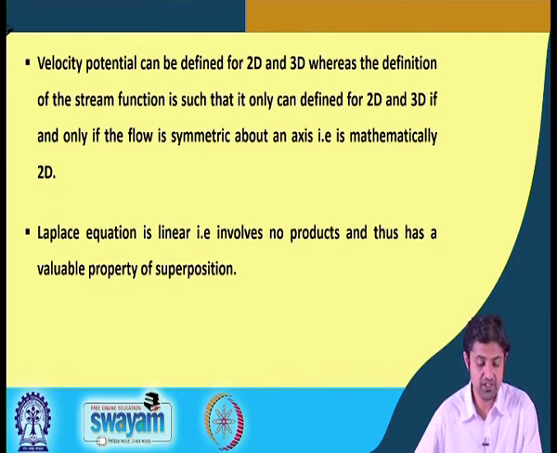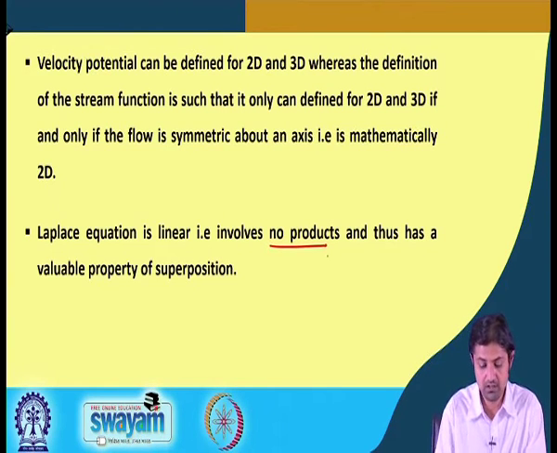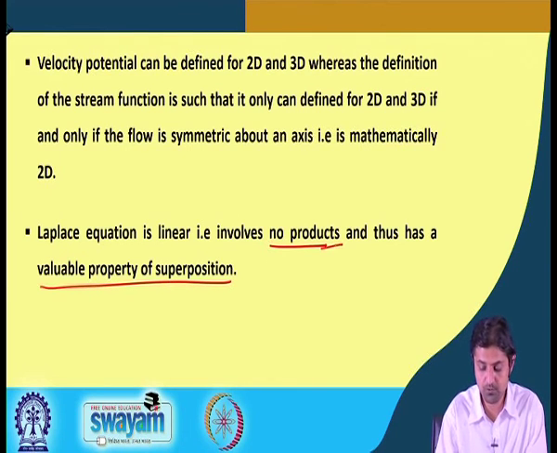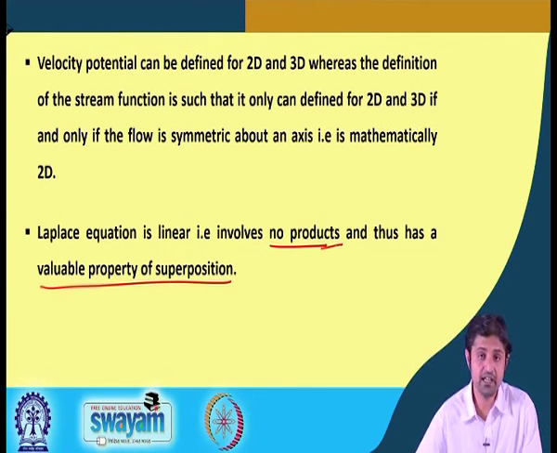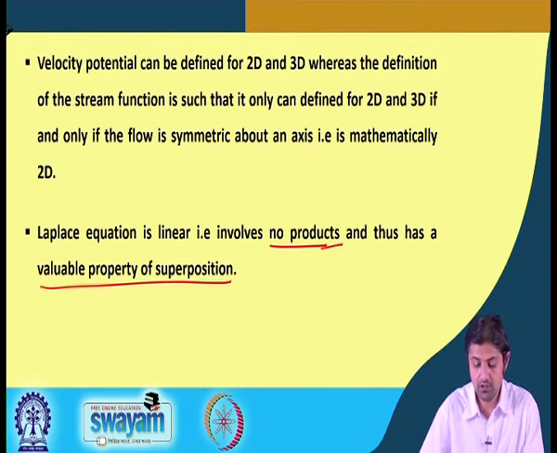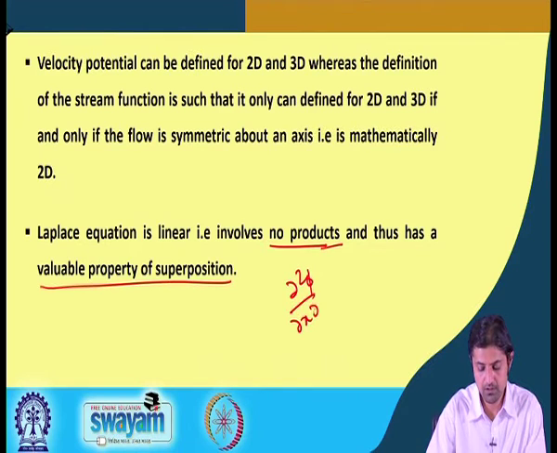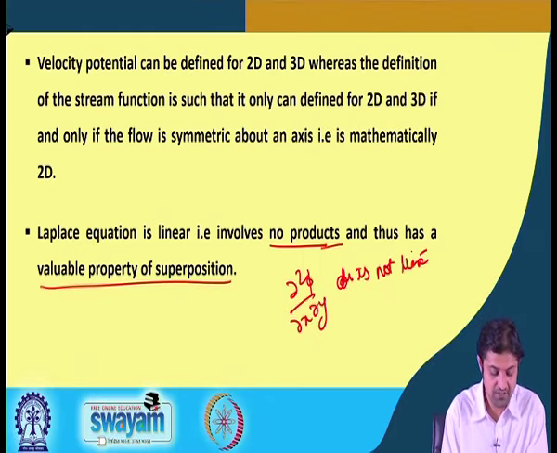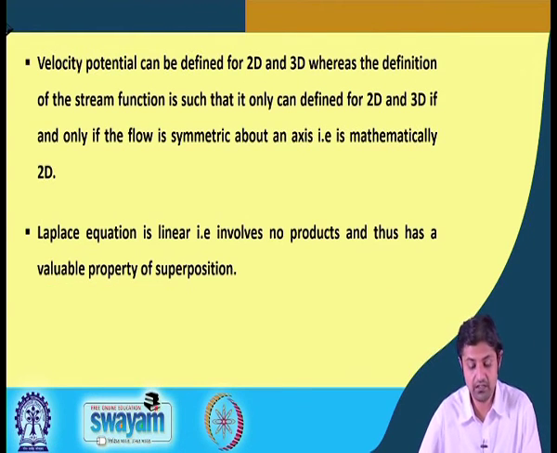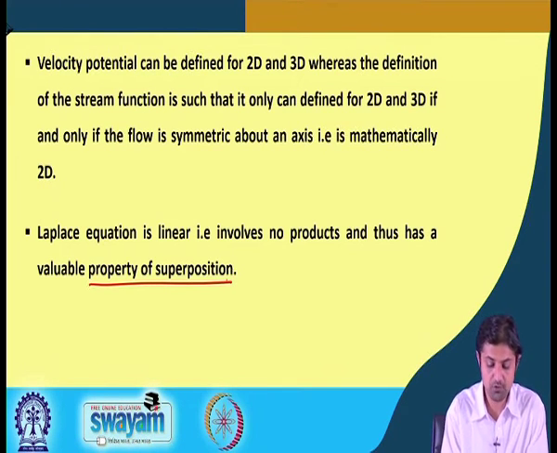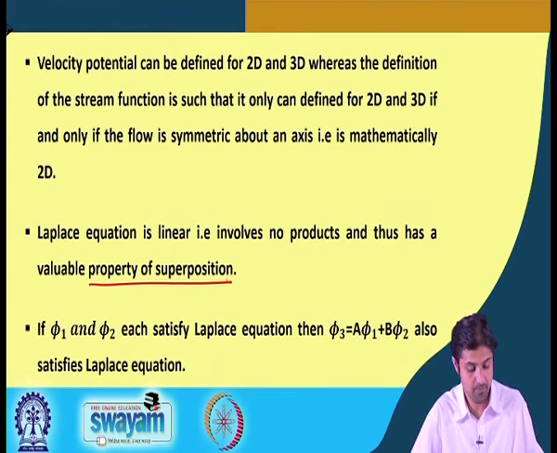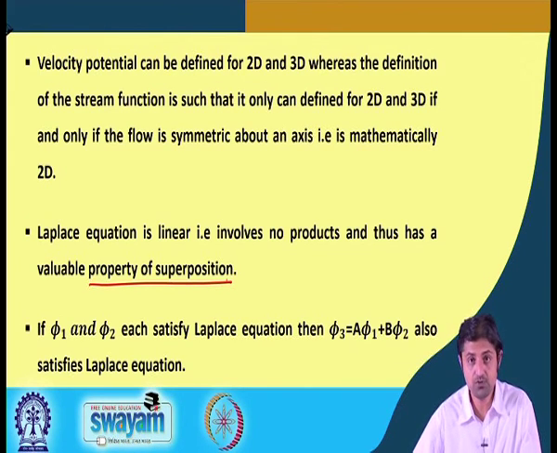The second thing to note is that the Laplace equation is linear, that is, it involves no products and thus has the valuable property of superposition. So we don't have product terms like phi 1 times phi 2. In a different sense, we say that the Laplace equation is linear because it does not have any product. Therefore we can apply the property of superposition to Laplace equations. So what is this superposition?